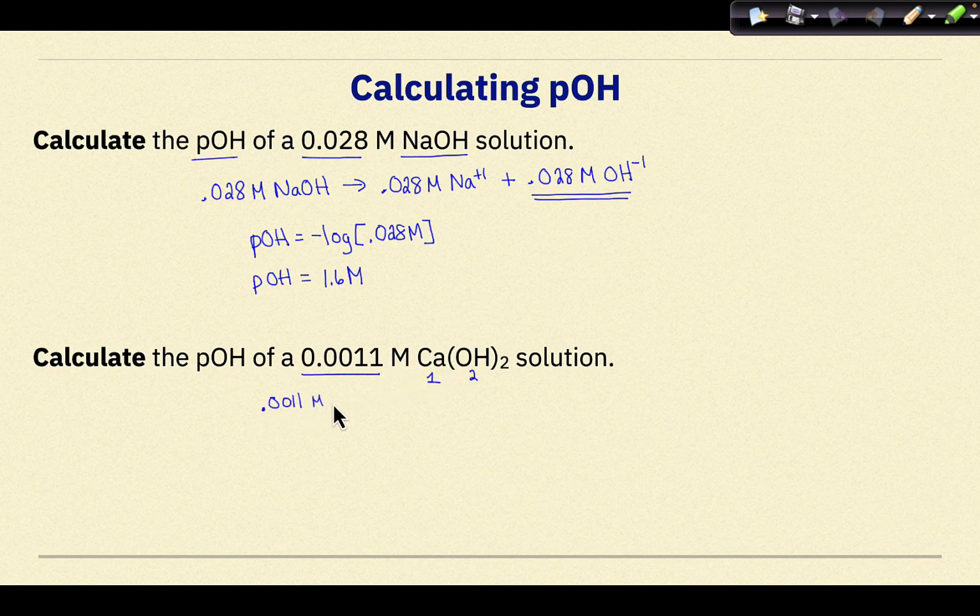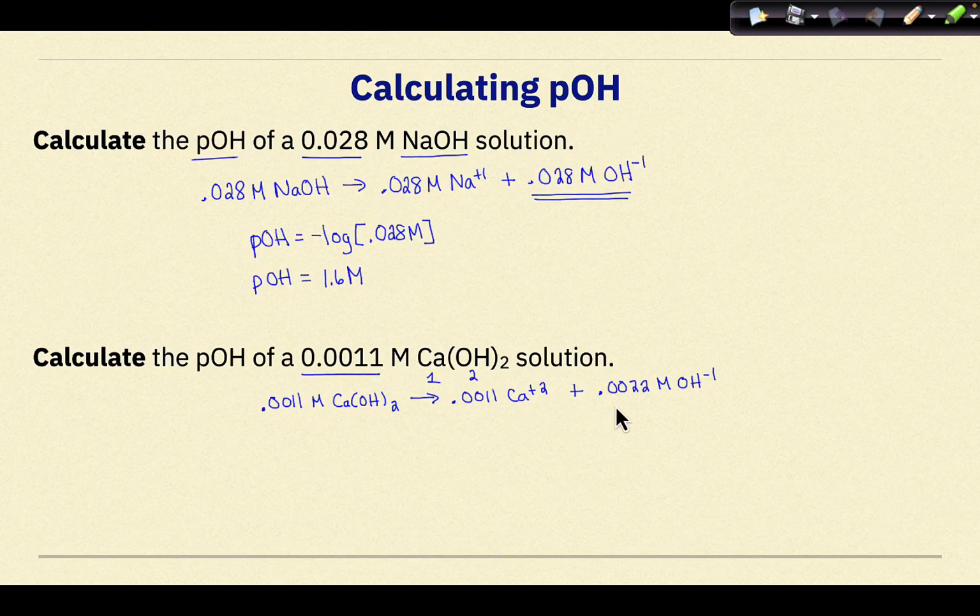0.0011 molarity CaOH2 solution will dissociate into 0.0011 calcium ions plus 0.0022 molarity hydroxide ions. And again, this is because the ratio of calcium to hydroxide is in a 1 to 2 ratio.